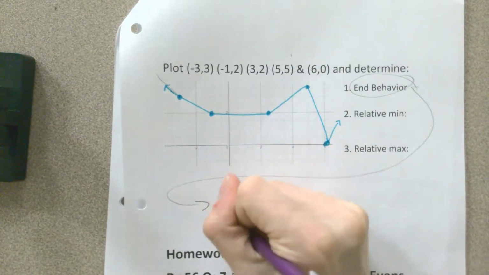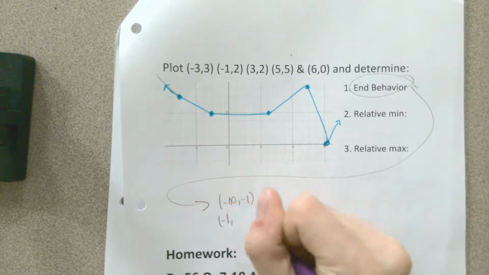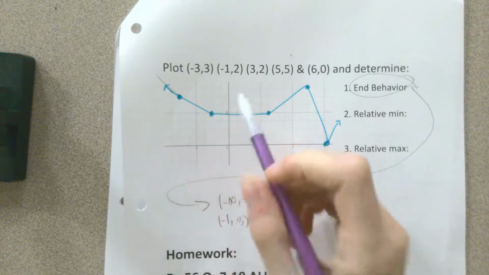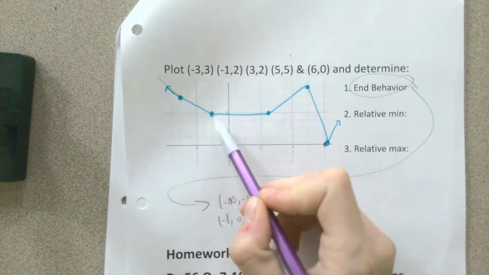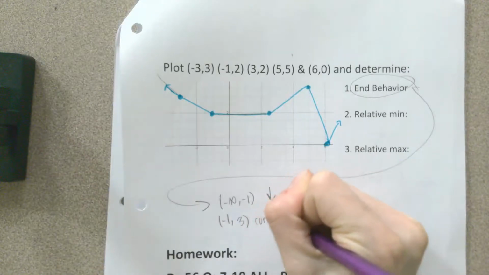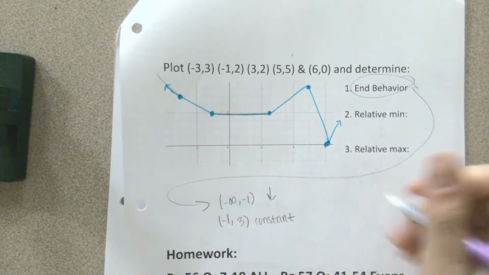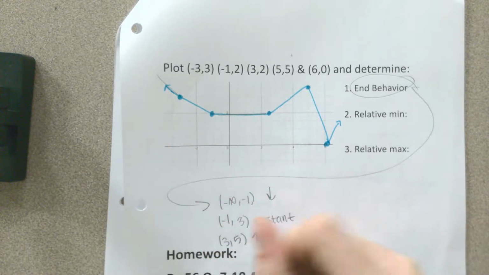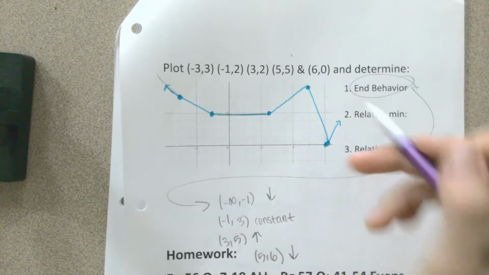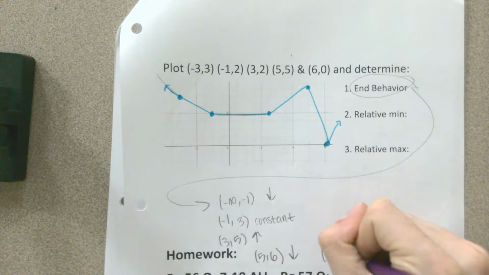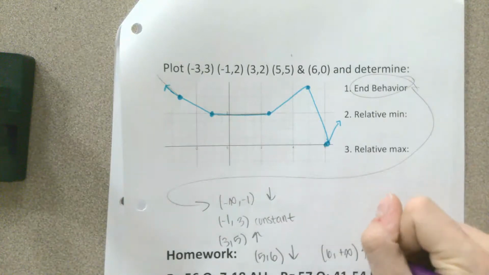From negative 1 to 3, we were constant. Yes, you can be constant. From 3 to 5, we're increasing. From 5 to 6, we are decreasing. And from 6 to infinity, we are increasing.